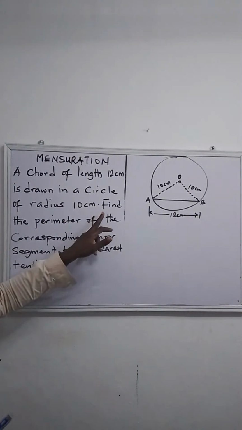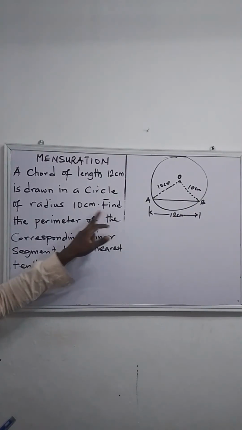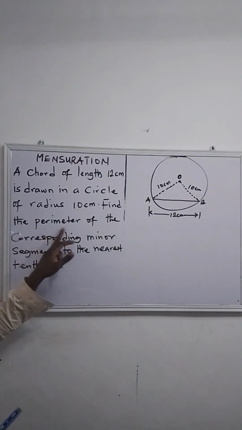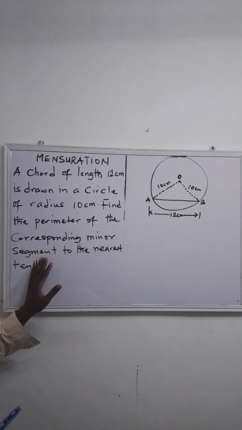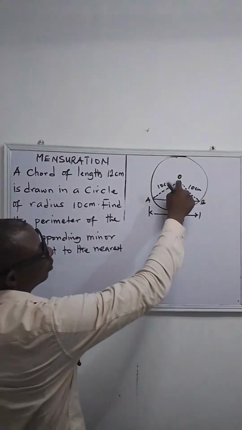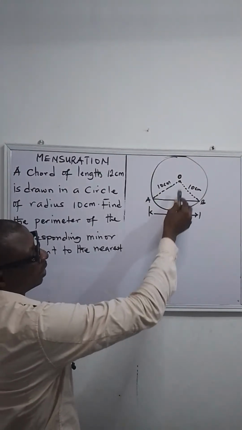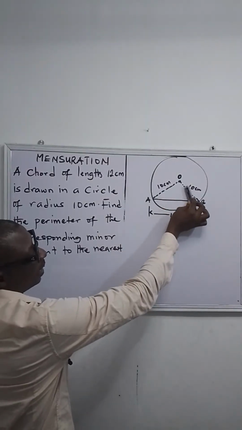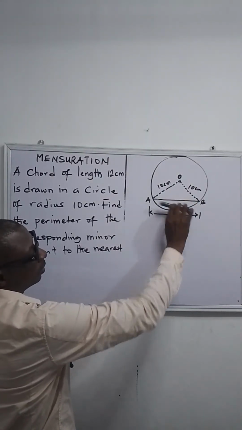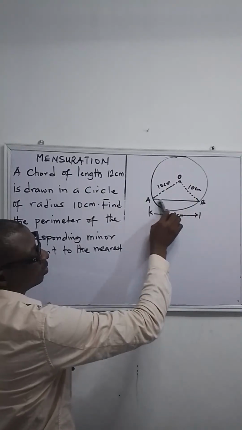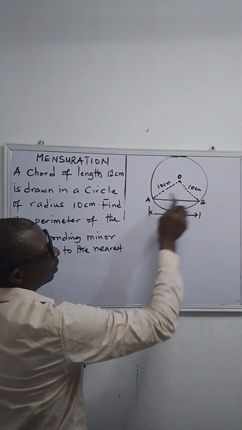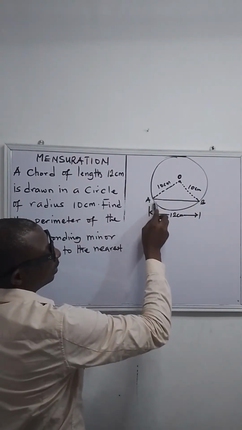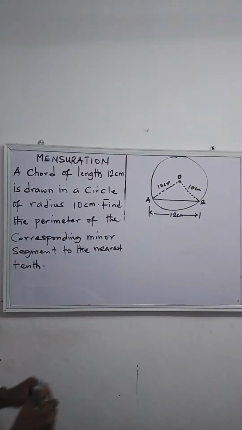The question wants us to find the perimeter of the corresponding minor segment. To find the perimeter of the minor segment, look at it: the area here is the minor segment. So we need the length of the chord and the length of the arc.